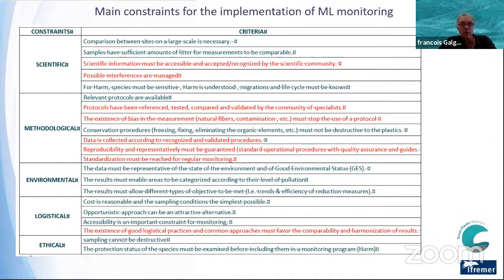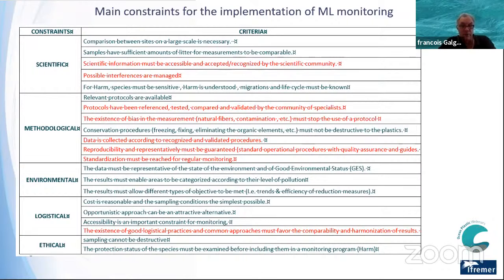So we have a lot of constraints to support good implementation of marine monitoring. Those in red in my presentation are related to best practices. But you see that we have scientific constraints, methodological constraints, environmental constraints, logistical.